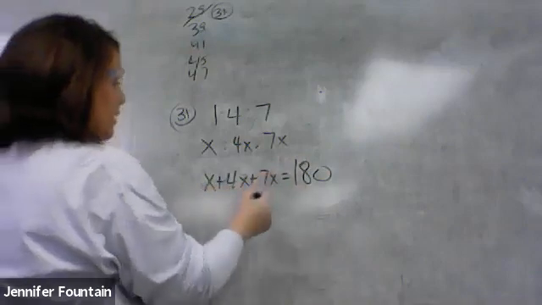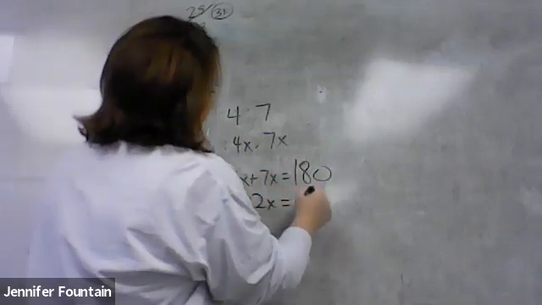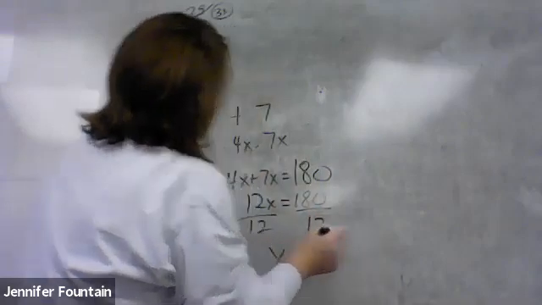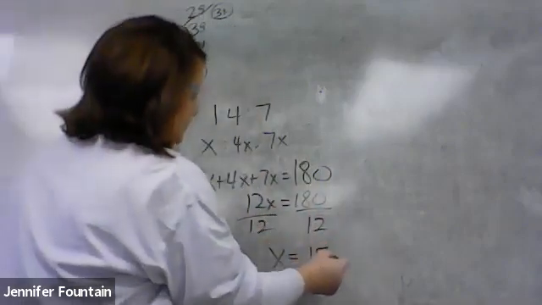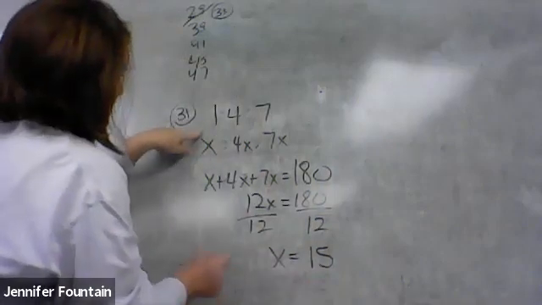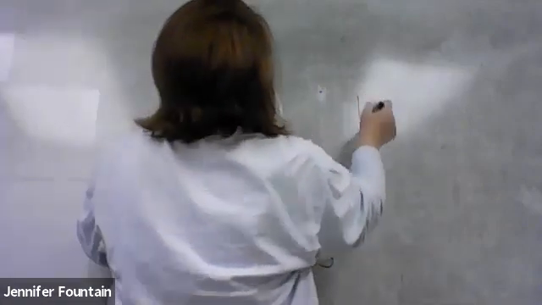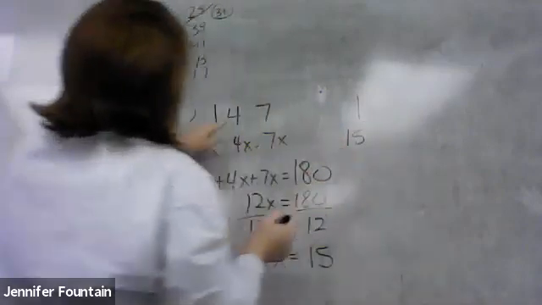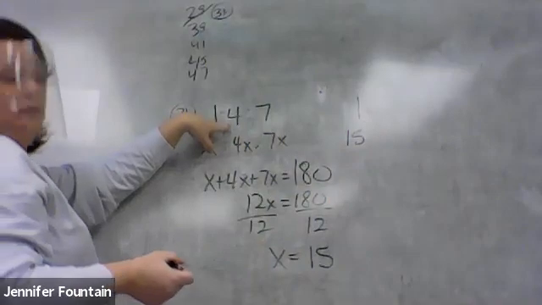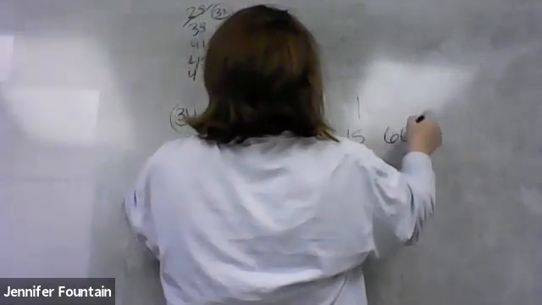We said this was 12x equals 180. Divide by 12, divide by 12, and x is equal to 15. So my one side is going to be 15. My 4 is going to be what? What's 4 times 15? 60.